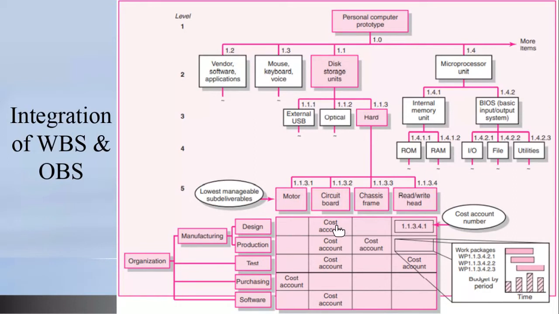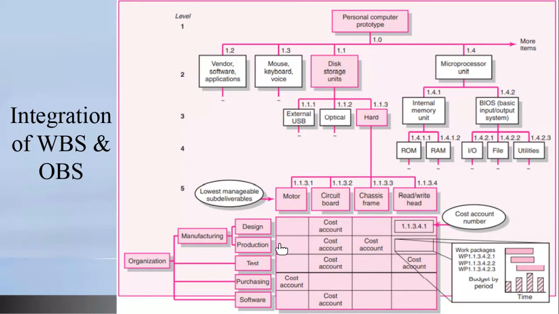And what we're saying is those 7 work packages are assigned, in terms of the work to get them done, to 4 different departments within the organization. There's a design unit, so some aspect of the project as it relates to design is assigned to them.